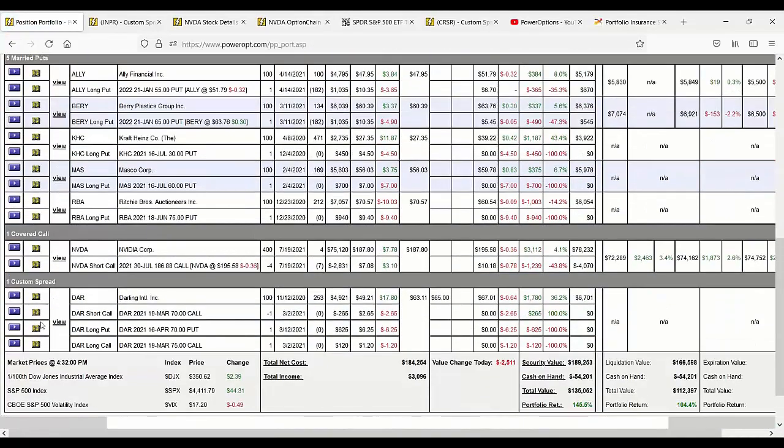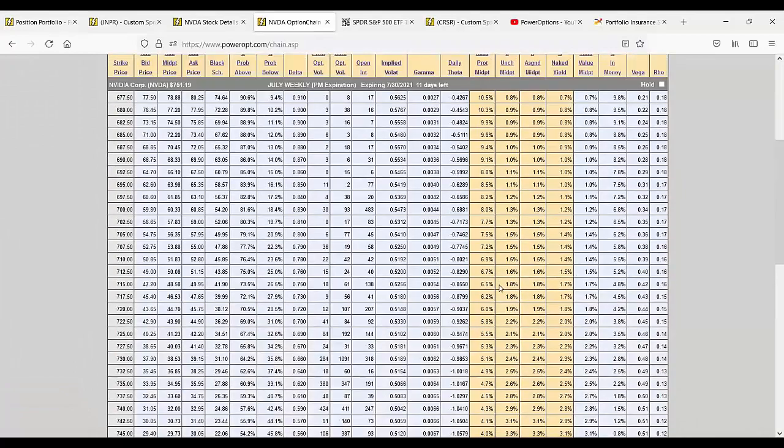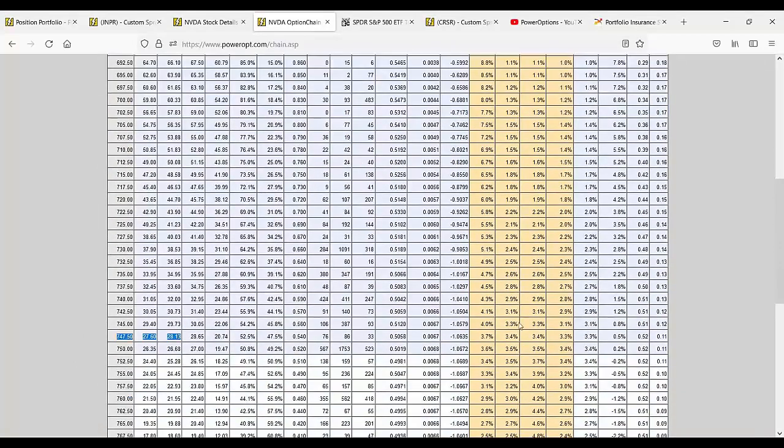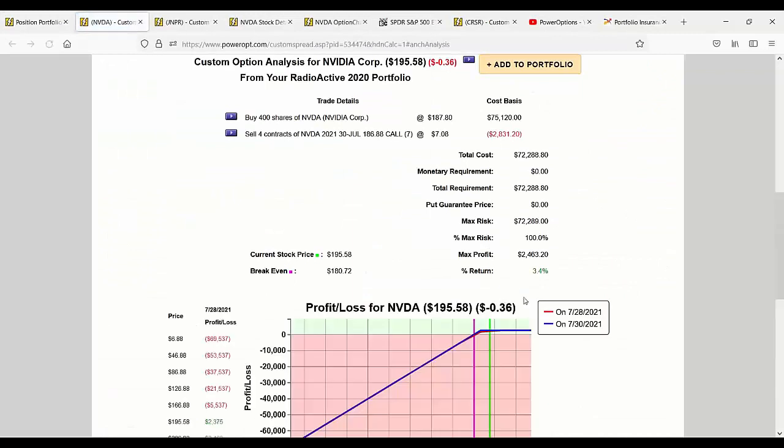If I did this correctly, as we saw in that historical option chain for NVDA, the initial expected return, if assigned, was going to be about 3.4% with a 3.7% downside protection. If I go to the profit and loss chart for my adjusted position, max return of 3.4% with the proper prices of 187.80 and 400 shares, 708 per contract for the July 30th, now 186.88.